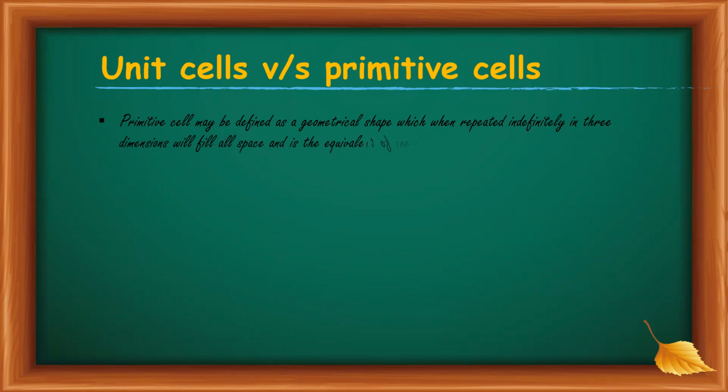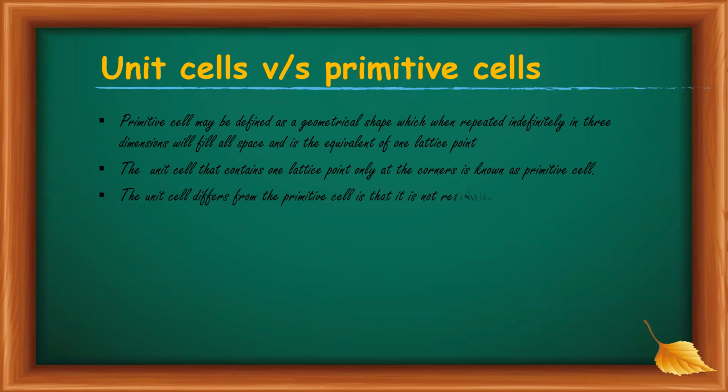Then, the difference between unit cells and primitive cells. A primitive cell may be defined as the geometrical shape which, when repeated indefinitely in 3 dimensions, will fill all space, and it is the equivalent of one lattice point. The unit cell that contains one lattice point only, at the corners, is known as a primitive cell. A unit cell differs from a primitive cell in that it is not restricted to being equivalent to one lattice point.